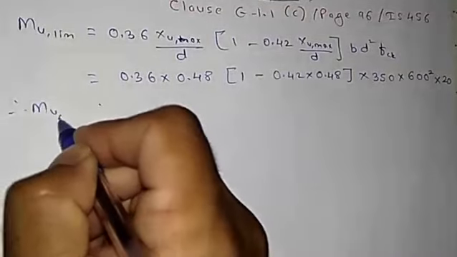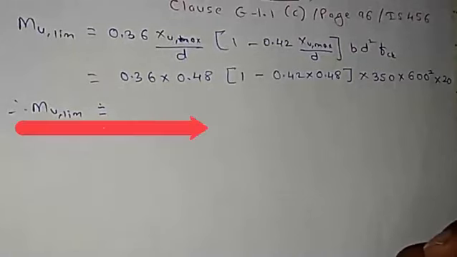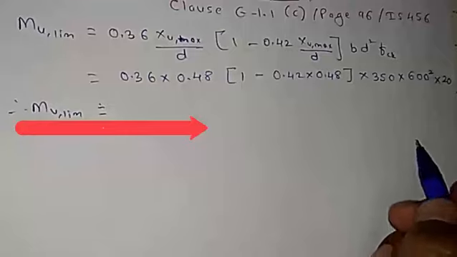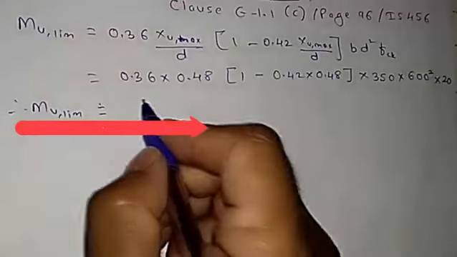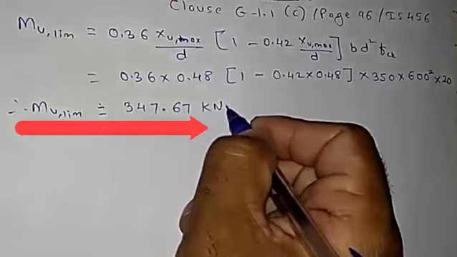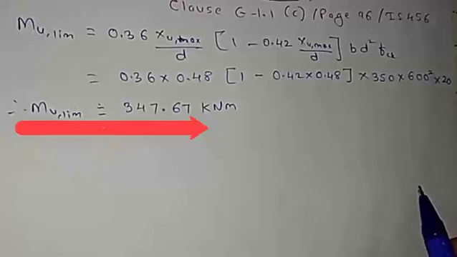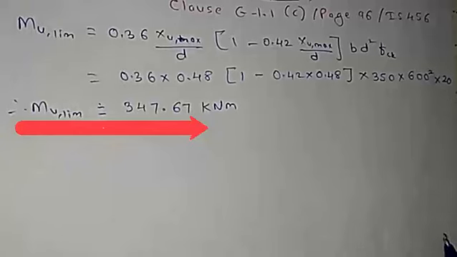So if you solve this, you will get the limiting moment carrying capacity for this beam according to the width and the depth of the beam as well as xu limiting. So you will get this value as 347.67 kilonewton meter. So you should remember how exactly we have written here.